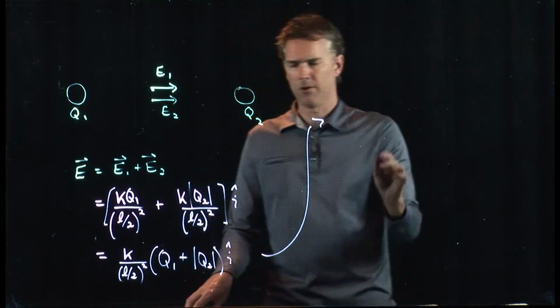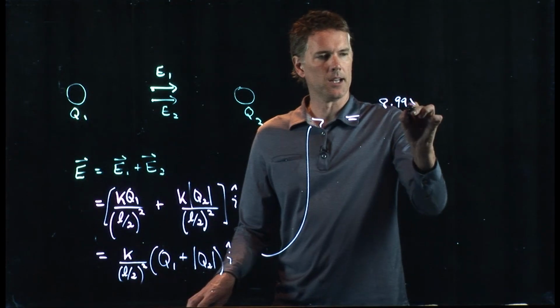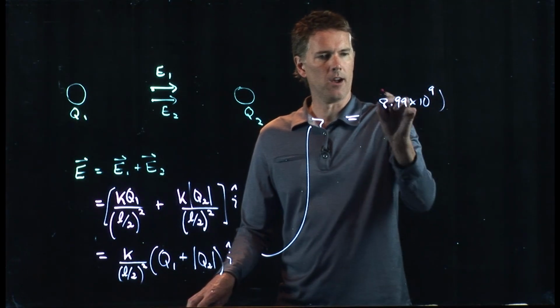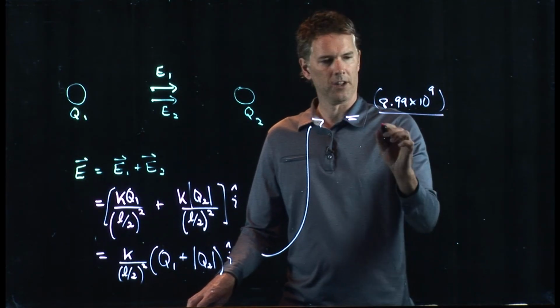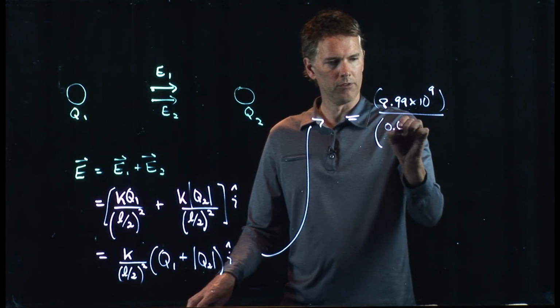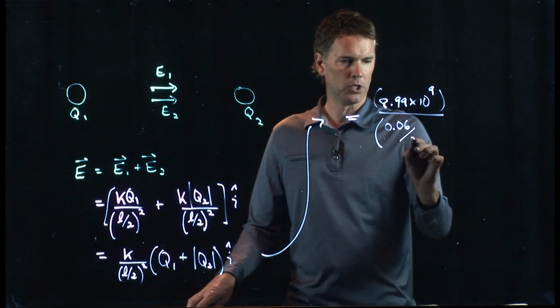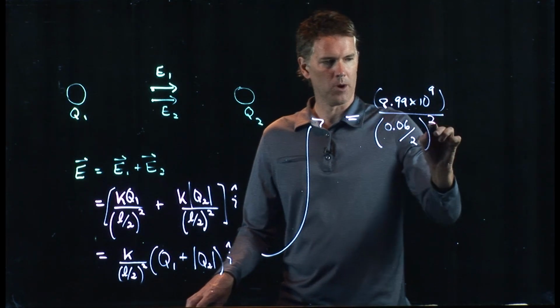Okay, and now let's put in those numbers and see what we get. K is 8.99 times 10 to the 9. What did we have for L? 6 centimeters. So in SI units, that's 0.06. We're going to divide that by 2, and then square the whole thing.